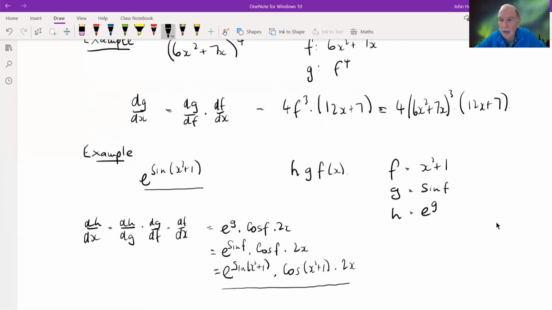Then it simplifies the exercise. So yeah, derivatives of composite functions: spot the structure of the composite function, then apply your chain rule, and then apply your substitutions back at the end, and it should all come good.